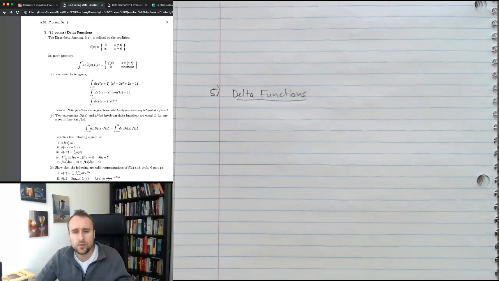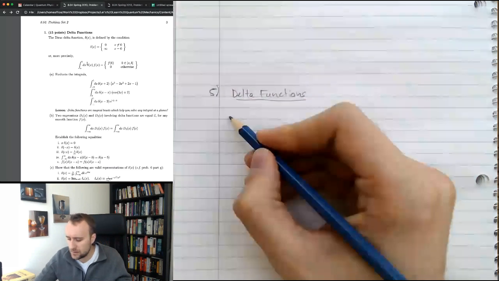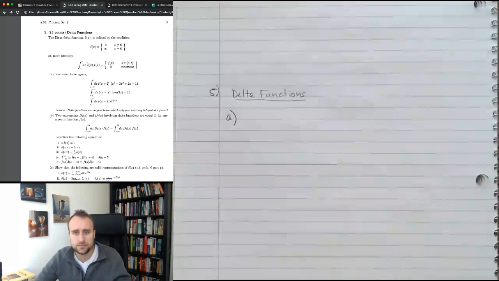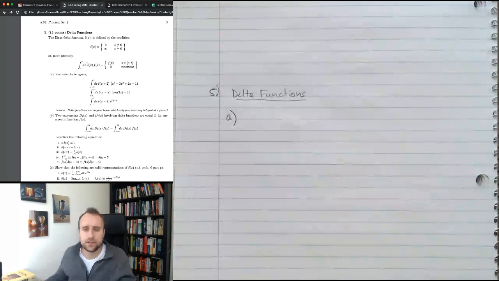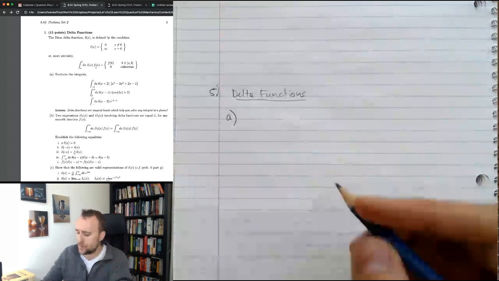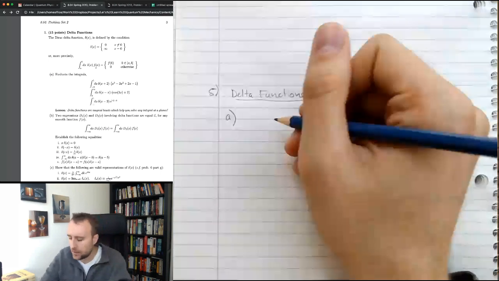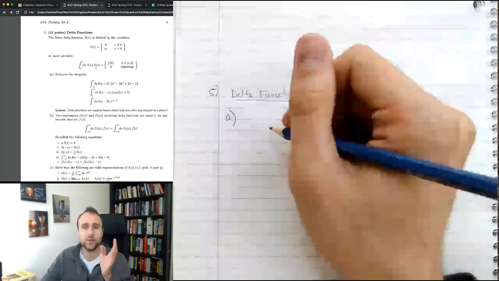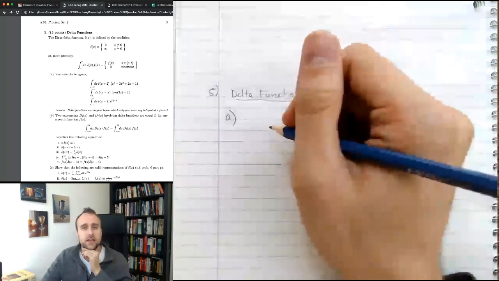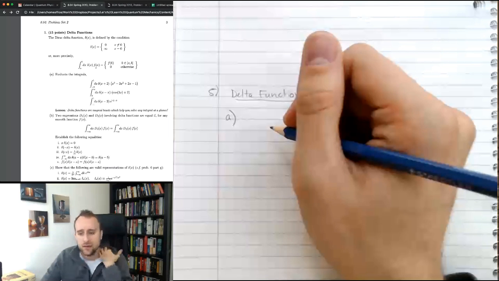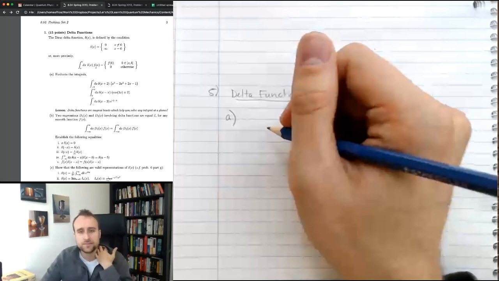So the way to understand the Dirac delta function, if I can remember correctly, is that if you multiply the Dirac delta function with a function, it returns the value at that point. So it's kind of a magical function for this.